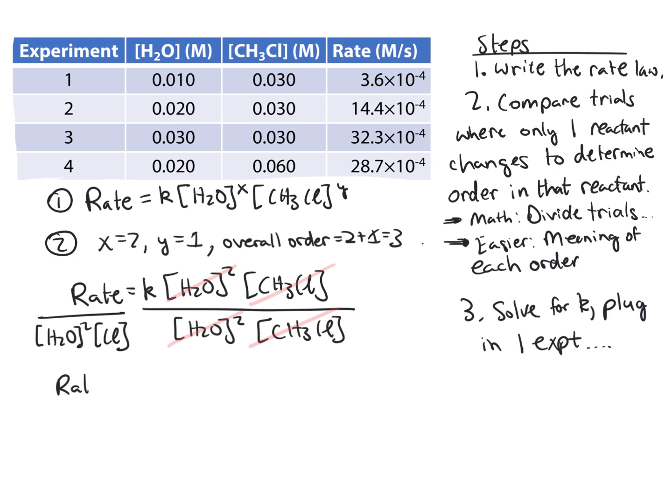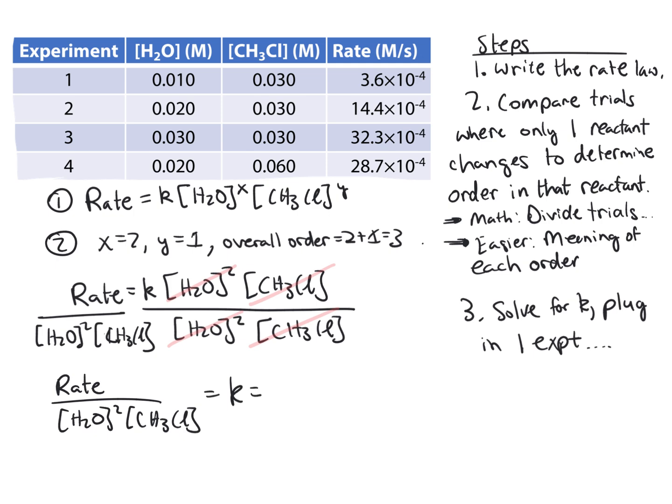I have rate over H2O squared times, what did I do? CH3Cl, sorry, I got that way off. CH3Cl is that concentration, is equal to k.